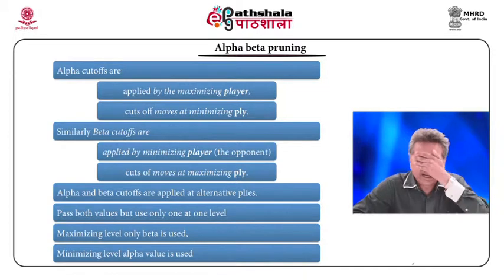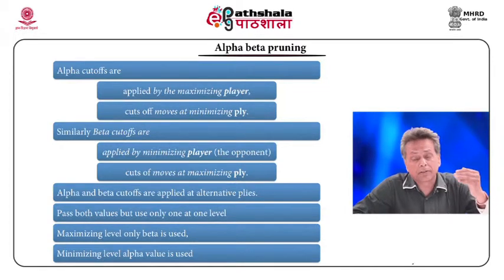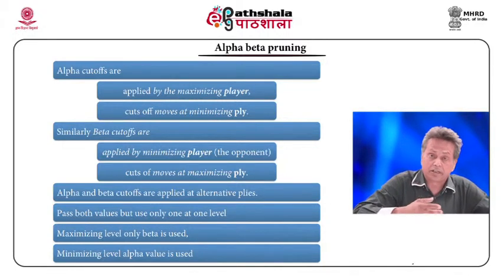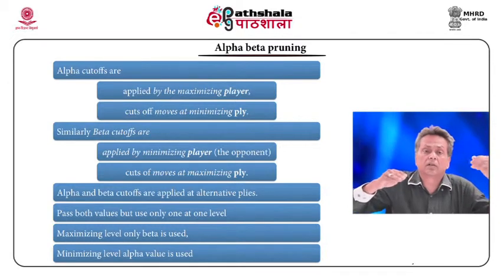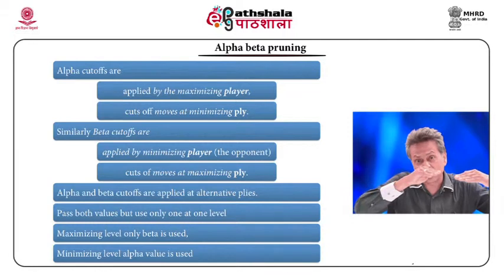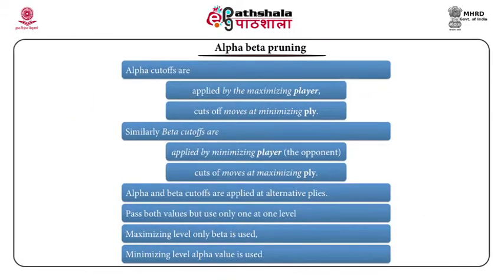In the next layer alpha is applied. Interestingly, the alpha cutoffs are applied at the minimizing layer, and we'll see how it is done and why it is so, and vice versa. So at one layer we apply one type of cutoff, and the other cutoff is actually decided at that layer, which is applied in the next layer. It's seemingly quite complex, but we'll soon see how we can make it simple.